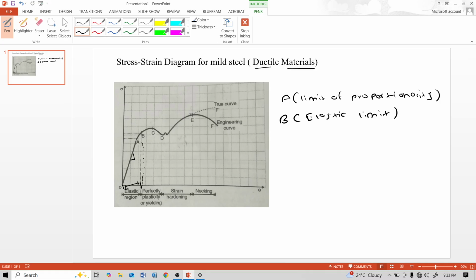The value of stress corresponding to point B, up to which the material behaves in an elastic manner, is called the elastic limit.